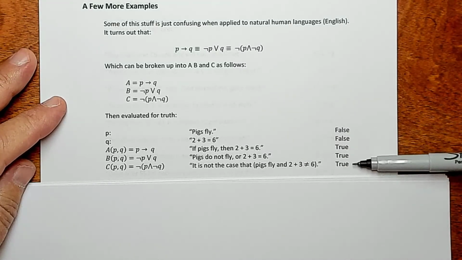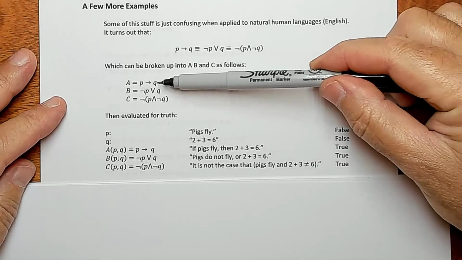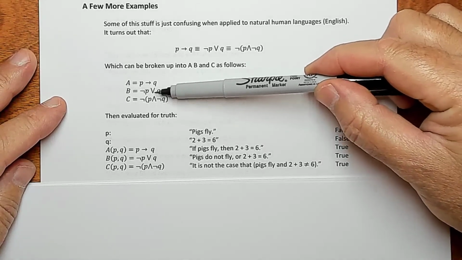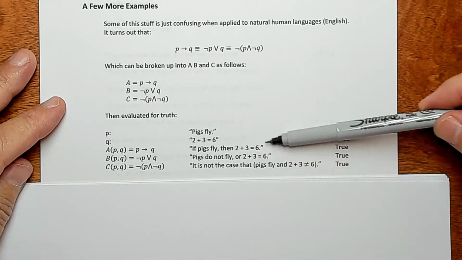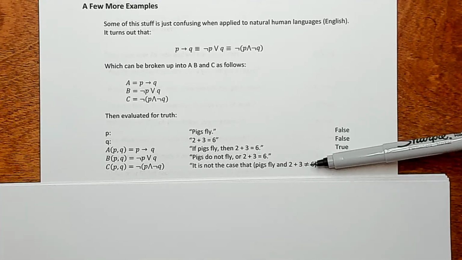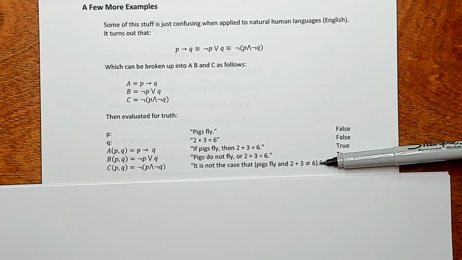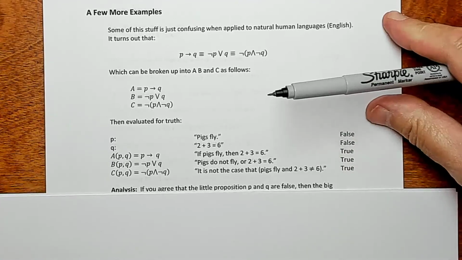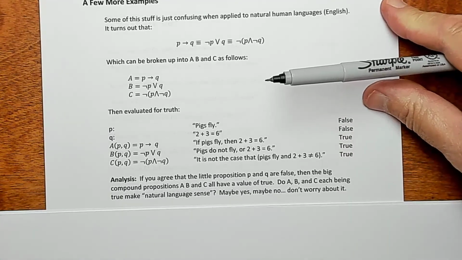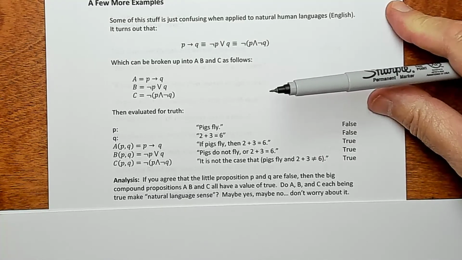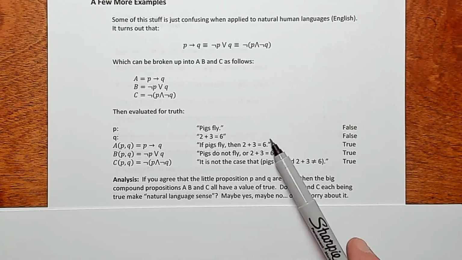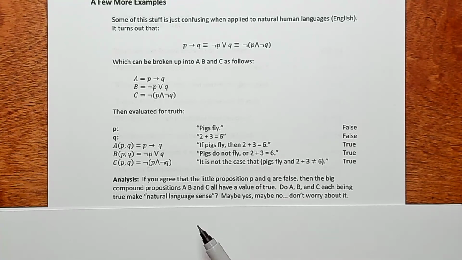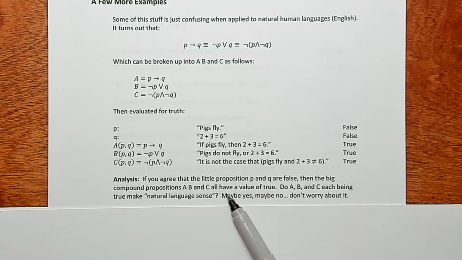But the point is these kinds of things start to get confusing, and maybe that limits their applicability a little bit. But don't worry about it. If you like dealing with this, you can major in philosophy, and that's awesome.